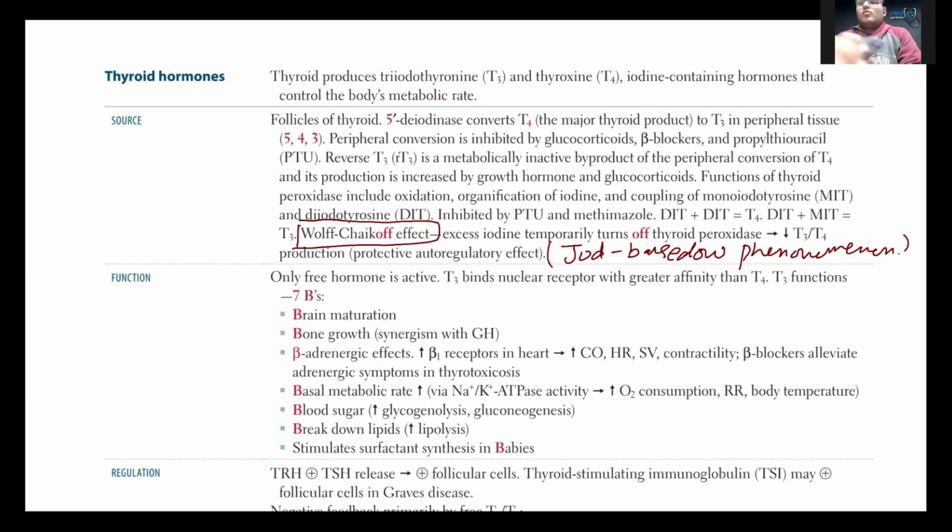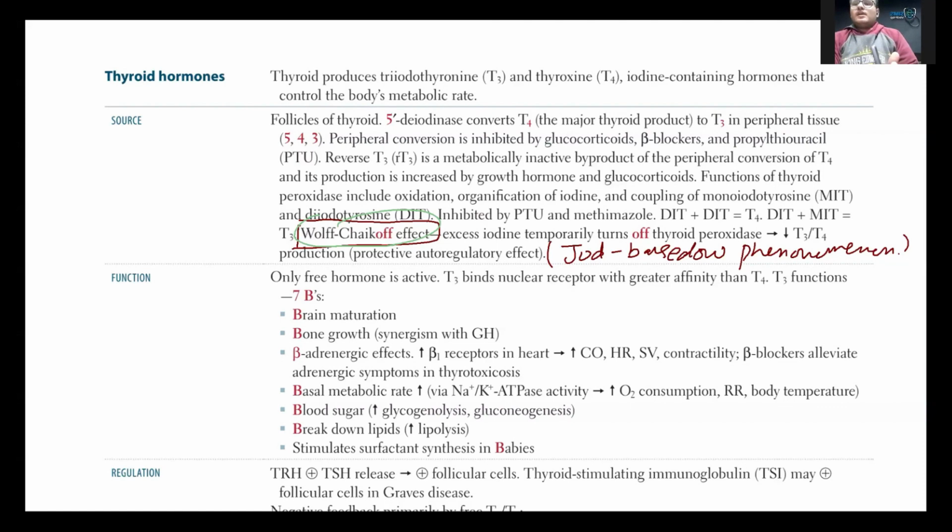So you should know the Wolff-Chaikoff effect and Jod-Basedow are opposite. Is that clear? The Wolff-Chaikoff effect is when excess iodine is given to an already normal person. Then this excess iodine will temporarily decrease the production of T3 and T4. That is the Wolff-Chaikoff effect.